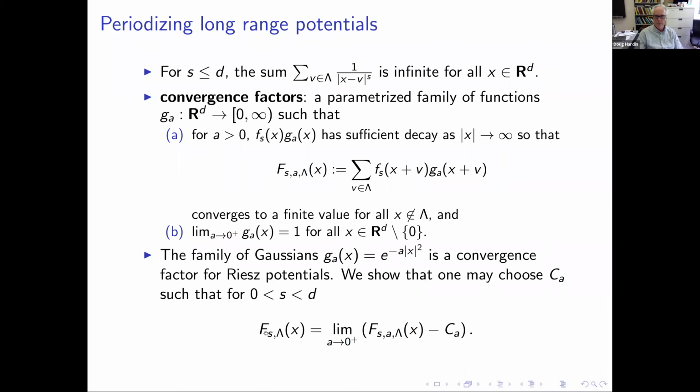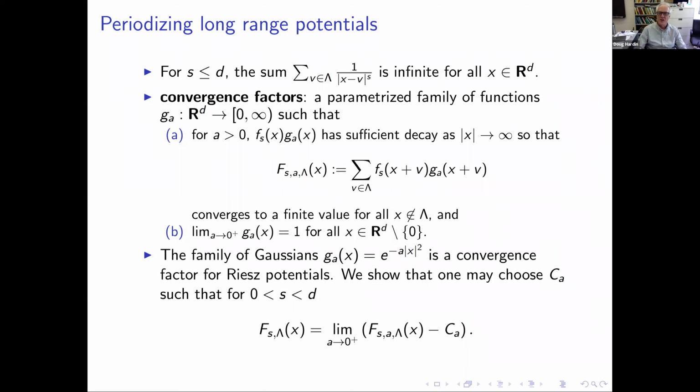So this machinery of convergence factors gives you one way of computing the analytic continuation. And so it's not surprising that for many of our results, the analytic continuation comes in.